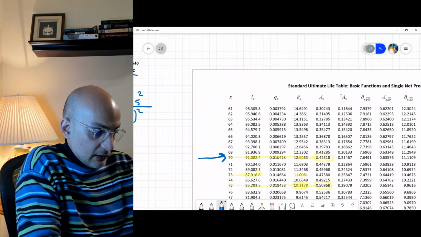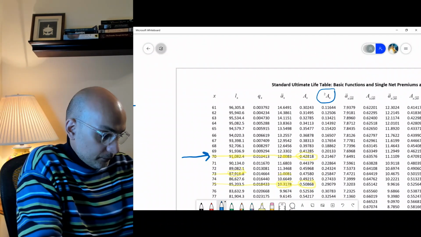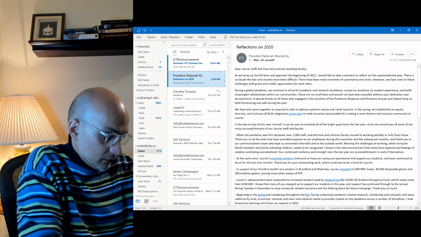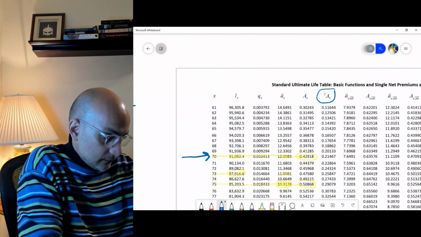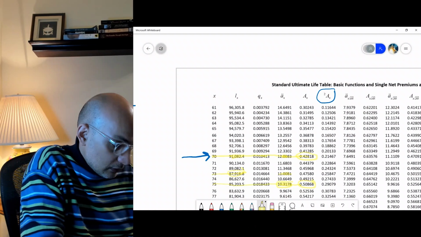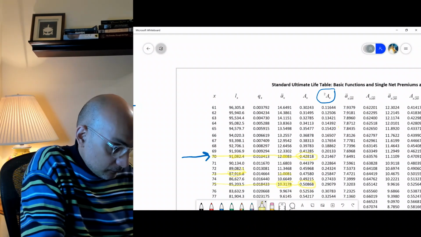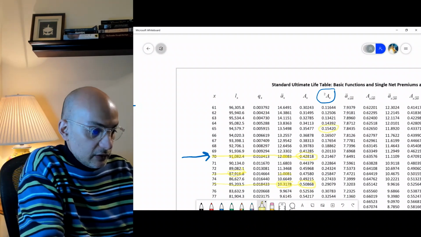Now 2A65, you go up to 65, 0.1542, you see it's given here.